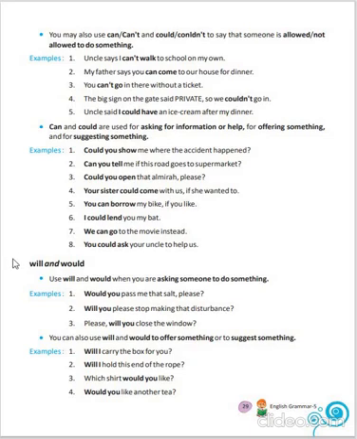Now let's learn where we have to use will and would. Will and would are used for asking someone to do something, like would you pass me that salt, please? Will you please stop making that disturbance?